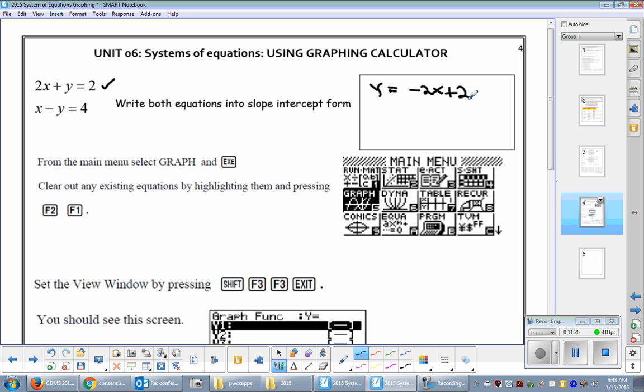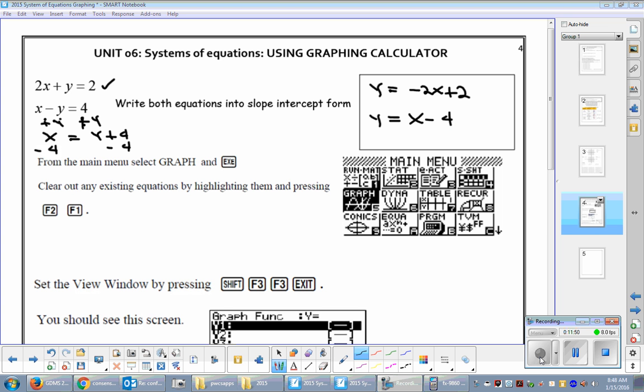And then for the second equation, if you add y to both sides, you'll get x equals y plus 4. And then subtract 4 from both sides, you'll be able to get y equal to x minus 4.